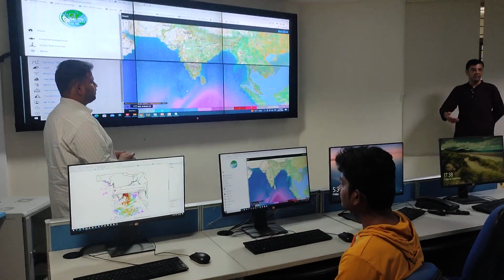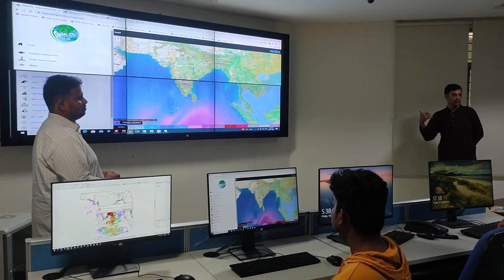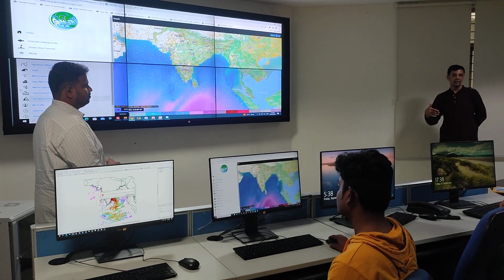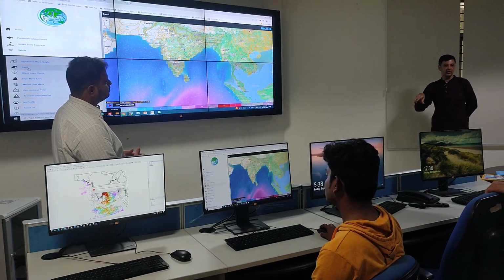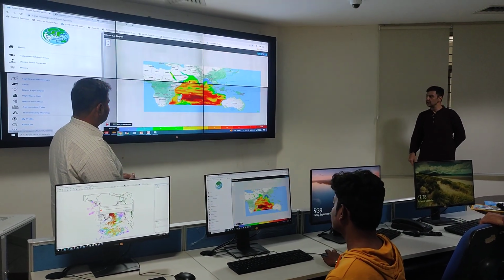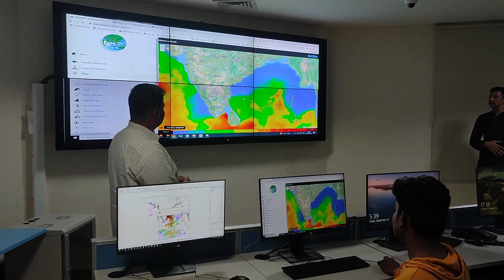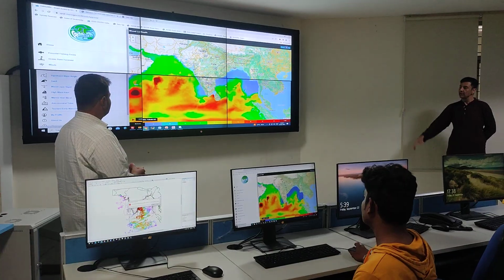Seychelles is further in the south. A similar request we have received from Maldives also. So there is a tri-party arrangement of India, Maldives and Sri Lanka, the Colombo Security Conclave, and under that we are going to put one more buoy there also. This is the way we try to help, and we also get benefited from the forecast.